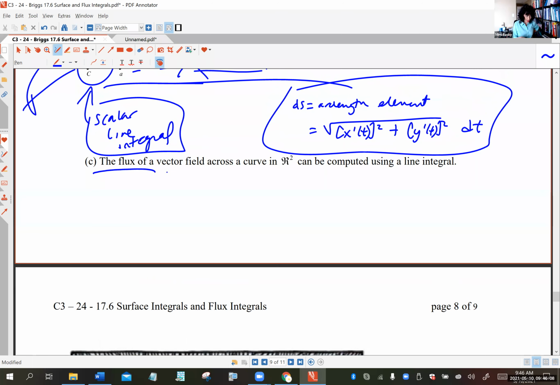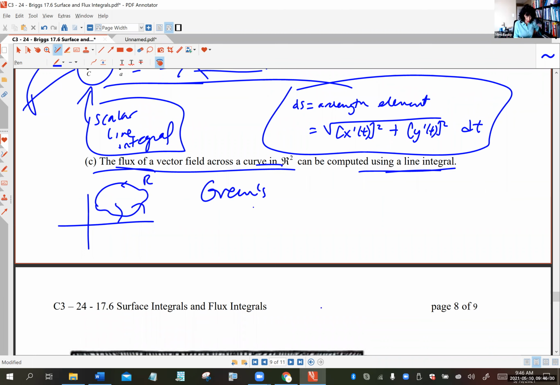Okay, one more. The flux of a vector field across a curve can be computed using a line integral. So if you had a curve, and I claim it was a closed curve like this, you can definitely get a flux using a line integral. So it's the alternate version of Green's. If you remember, there's two versions of Green's theorem.